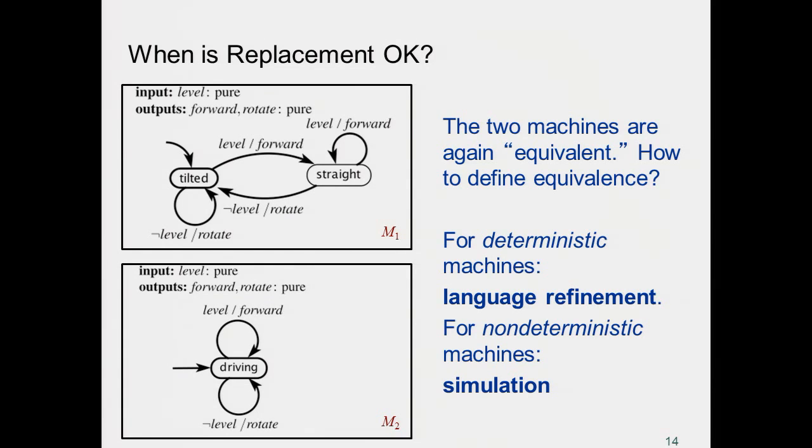But remember, simulation is one directional. Language refinement also is one directional, but language equivalence is exactly, if A is language equivalent to B, then I can interchange both of them. Doesn't matter. I can take A or I can take B. It's the same, right? If instead it is a refinement, I cannot do that. I can substitute the richer machine with the leaner machine, but not vice versa, right?